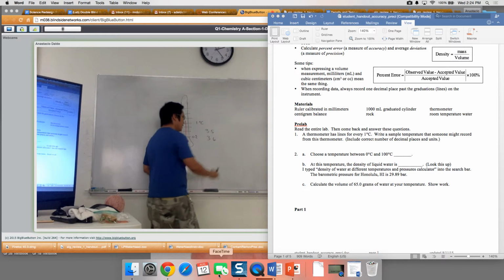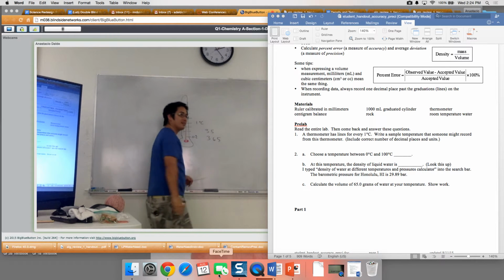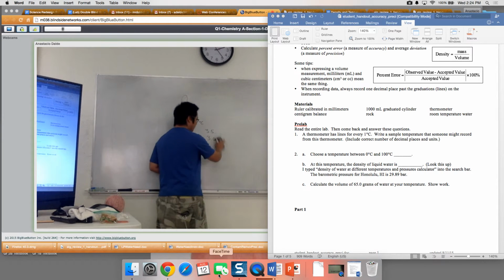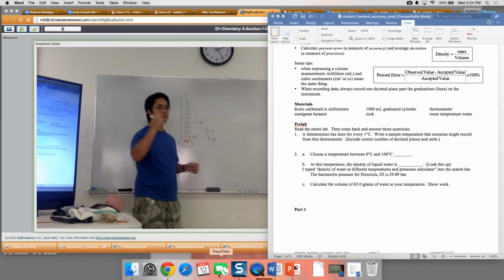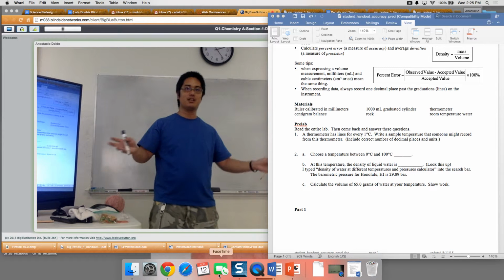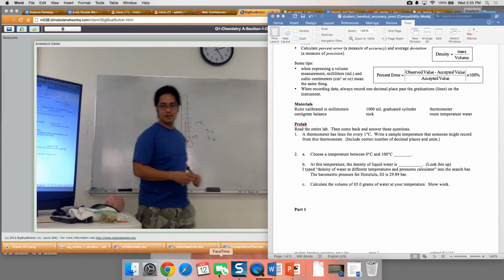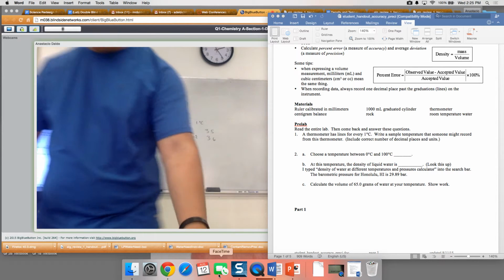But I can't write down 3.65 because that would be like doing a double guess. Does that make sense? So you're allowed to write down one digit past what you can see. And that one digit is actually your guess. I'm teaching you guys at this point. This is your uncertainty in your measurements. We cool? Awesome. So that's the answer to part 1 in your pre-lab.